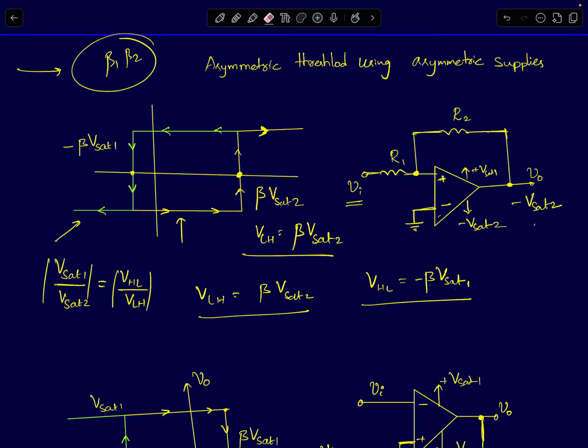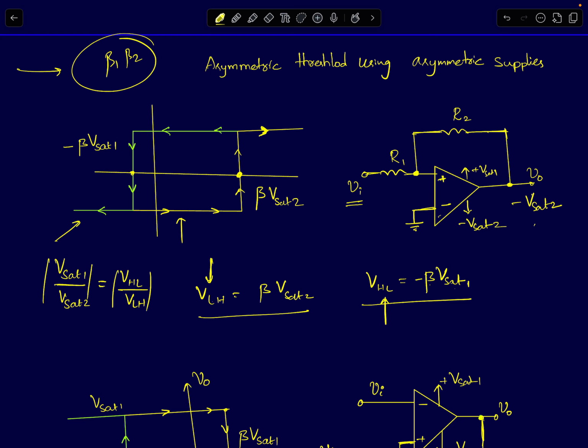So now if you see here, we have two equations because VLH and VHL, the threshold voltages, are given to you. You are supposed to design the circuit so that the Schmidt trigger has these two desired threshold voltages. So you have two equations, and the thing is that these equations are not linear.